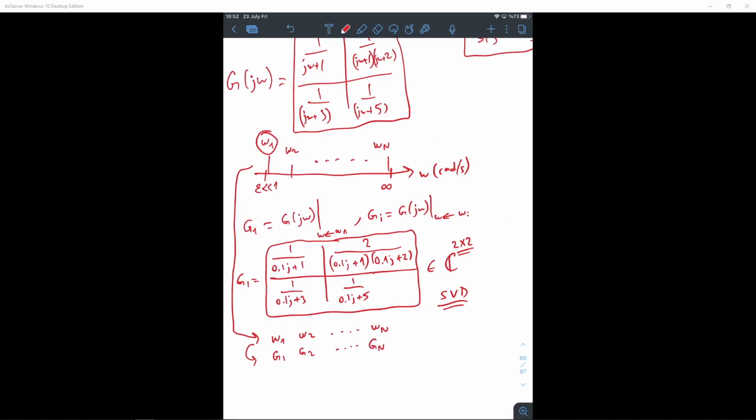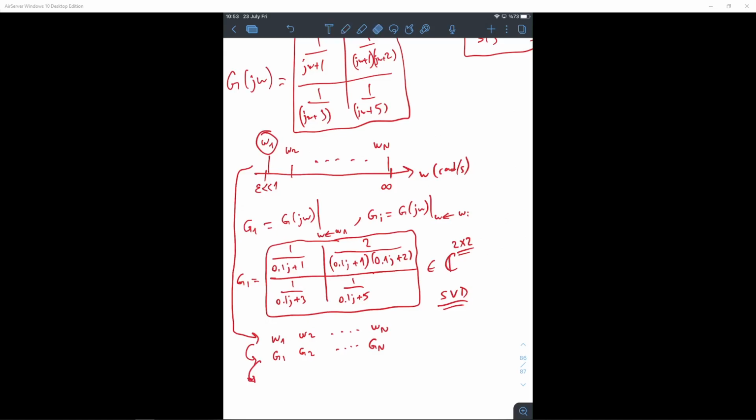Okay, and since this is 2 by 2, we are going to have sigma 1 and sigma 2, but we only need sigma max, okay?